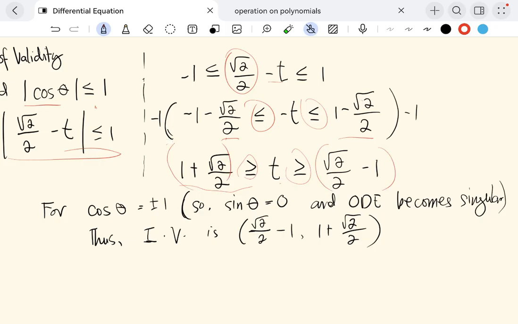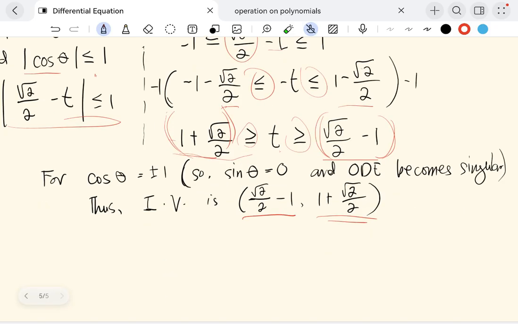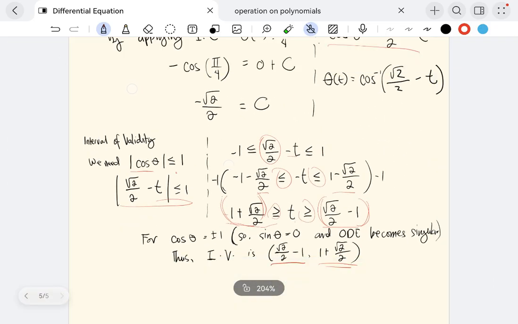So just reverse it. Wait, sorry, this one is negative. This part is lower than this one, so this one will come first, and the following are the end points. So that is the interval of validity. And that will be the end of our discussion on separable equations.